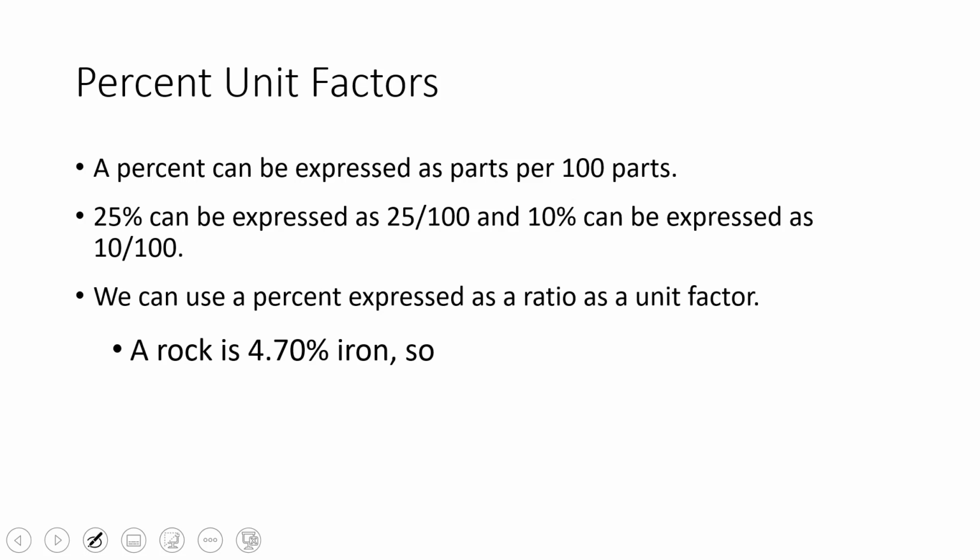So a percent can then be expressed as parts per 100. If I said I ate 25% of this pizza, I could also say I ate 25 out of 100 parts of that pizza.